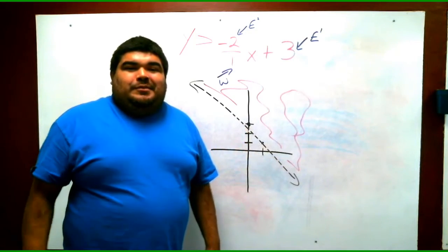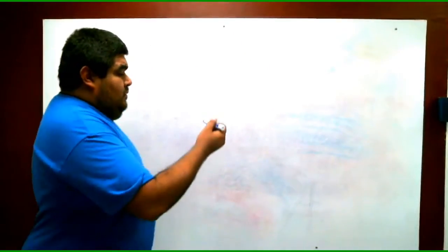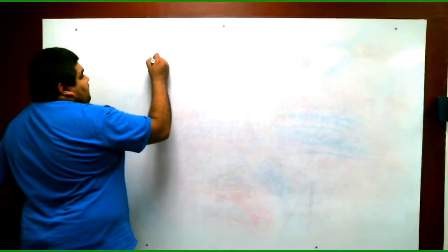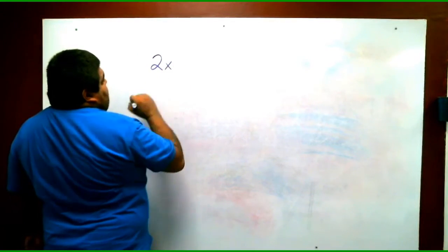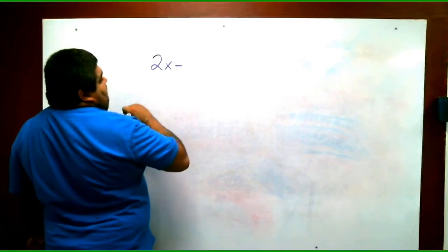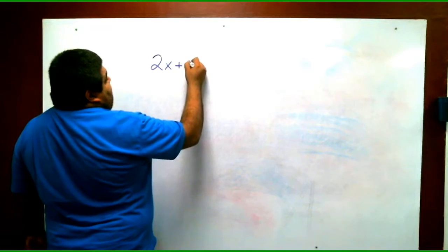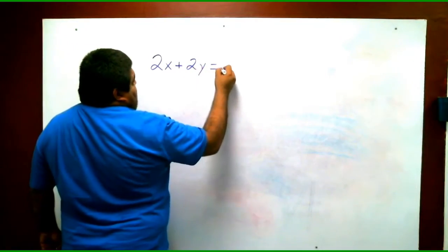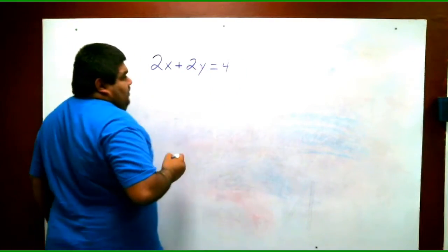So here's your assignment. The assignment for today is 2x plus 2y equals 4.